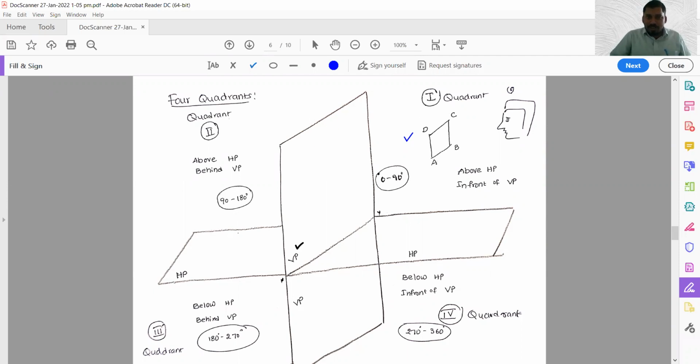This is the vertical plane straight to the observer. These are vertical planes, these are horizontal planes. This is a plane which is parallel to the horizontal surface. This is VP and this one is HP, parallel to the horizontal surface.